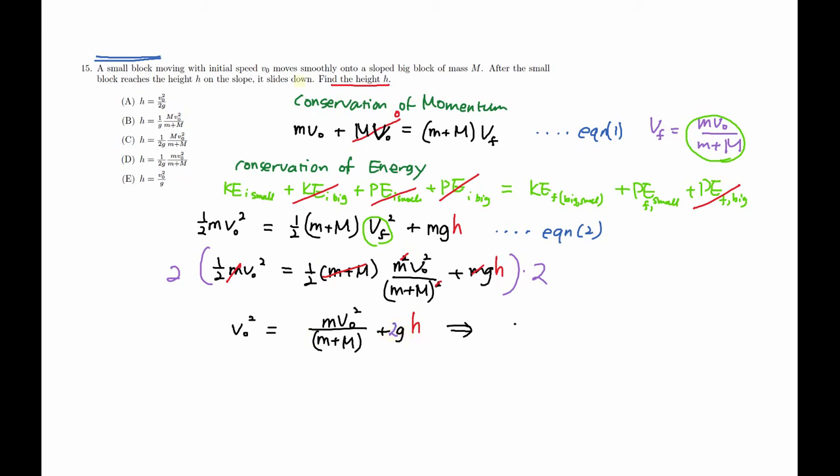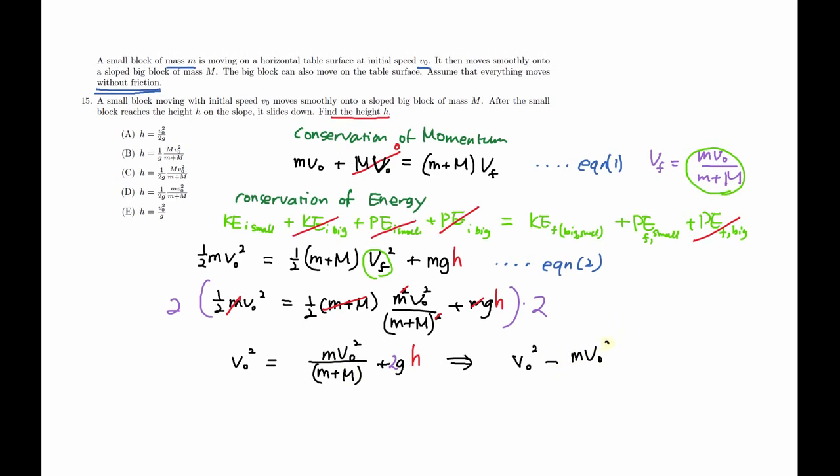Okay, it looks good now. V initial squared minus this middle term equals 2gh.